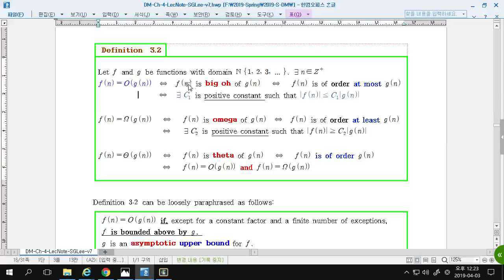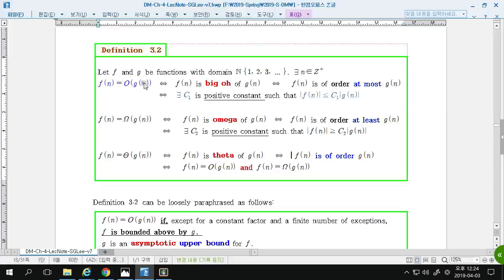If we can find the constants C1 and C2 for the upper bound and lower bound, then we call f(n) theta of g(n). We also read it as f(n) is of order g(n). If we have an upper bound and a lower bound, then we call f(n) theta of g(n).